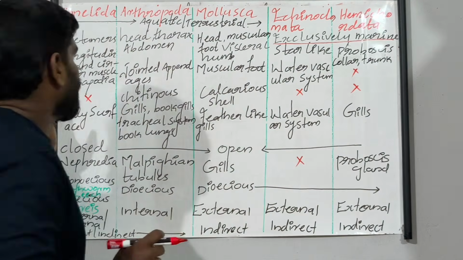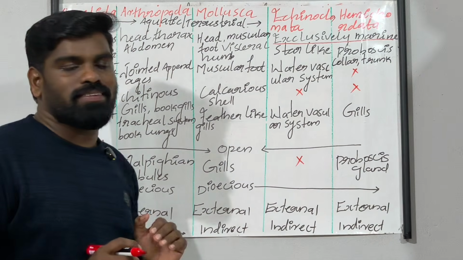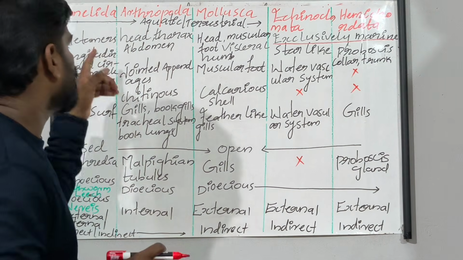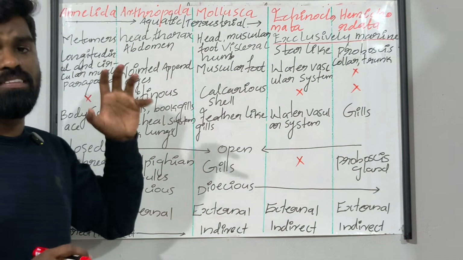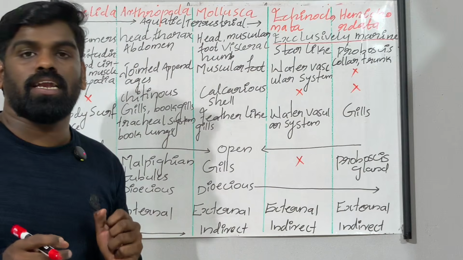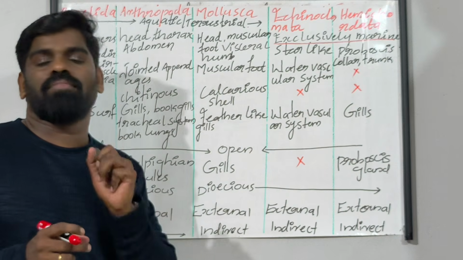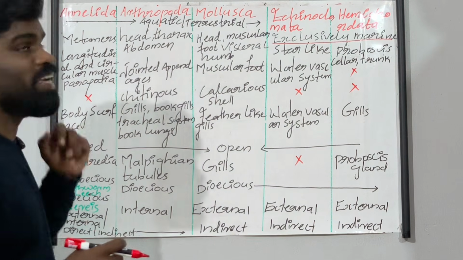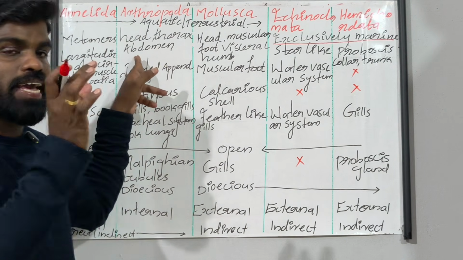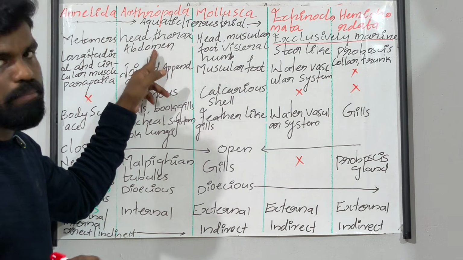Now we are moving on to the next character, that is the body organization. Metamerically segmented body, we have studied in the first phylum having metameric segmentation, that is Annelida. In Arthropoda we can see a head region, thorax and abdomen.